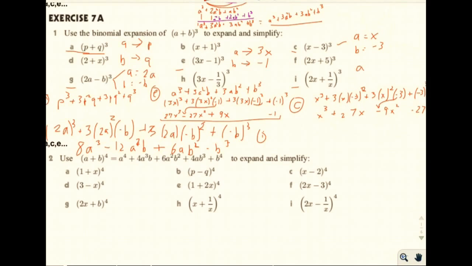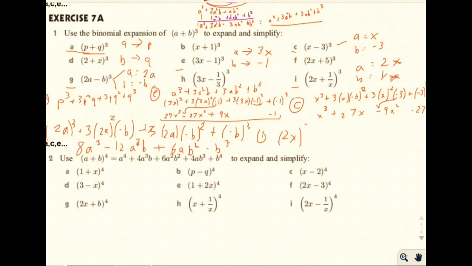And then I, same thing, except a is going to be 2x, b is going to be 1 over x, and this is kind of a different one because you've got a fraction or a ratio here with the variable in the bottom. And let's see, I'll show you the first couple terms just so you can see what it looks like.